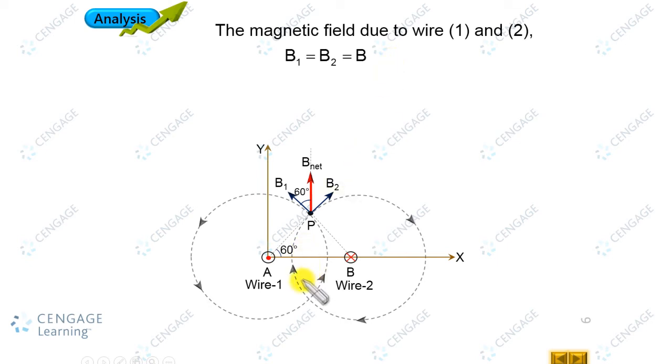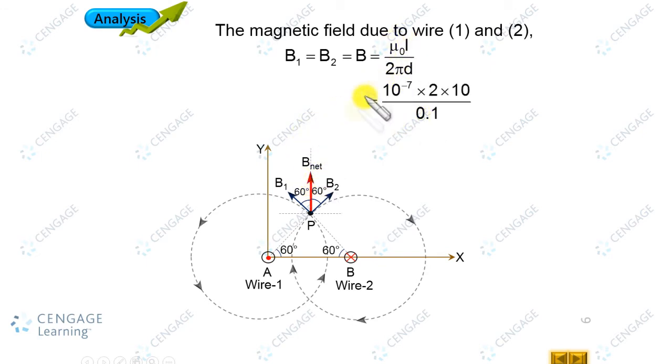It is the magnetic field due to the infinite wire, that is mu naught I divided by 2 pi d, right? So let us write this magnetic field mu naught I divided by 2 pi d. Okay. Now net magnetic field, this one, this is equal to 2B1 cos 60, right?